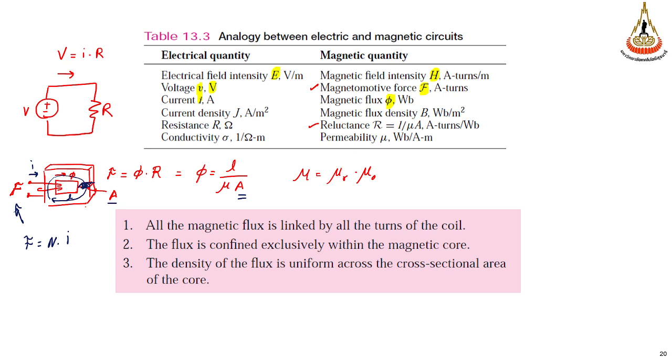And then we can calculate the reluctance of the core. The reluctance can be calculated by L divided by mu A. Sorry, this is not equal, this is L divided by mu into A.